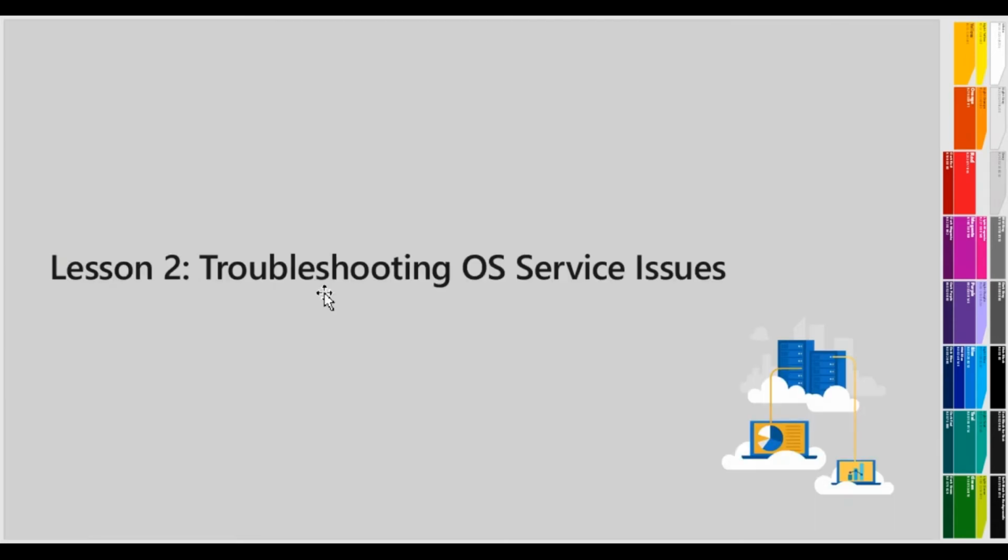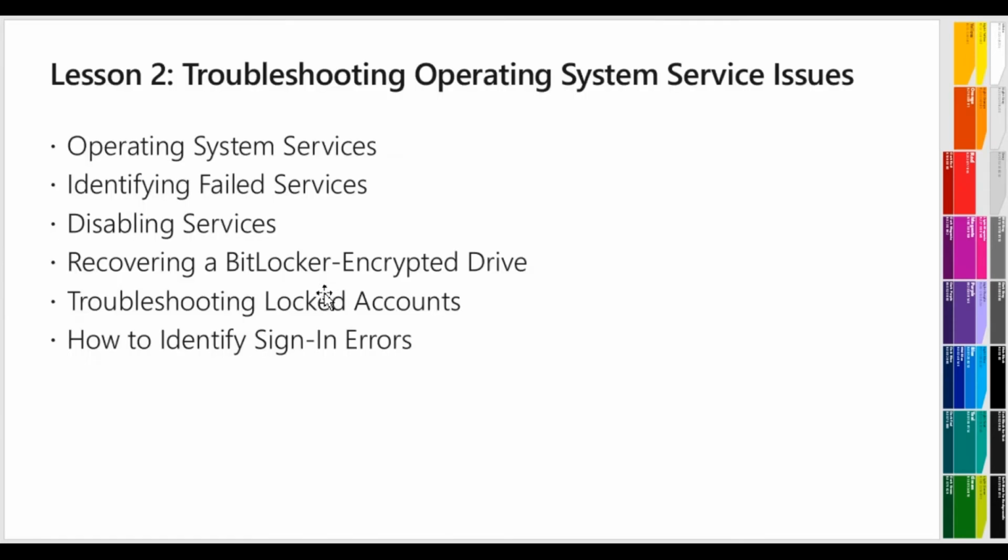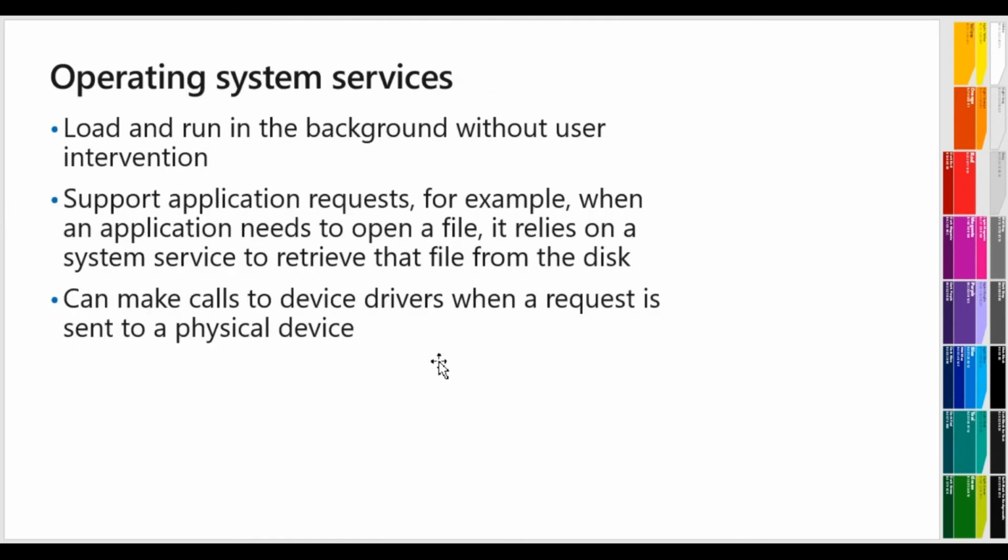Now troubleshooting OS service issues. Operating system services: identifying failed services, disabling services, recovering a BitLocker encrypted drive, troubleshooting locked accounts, identifying sign-in errors. These are the operating system service related issues we can have.